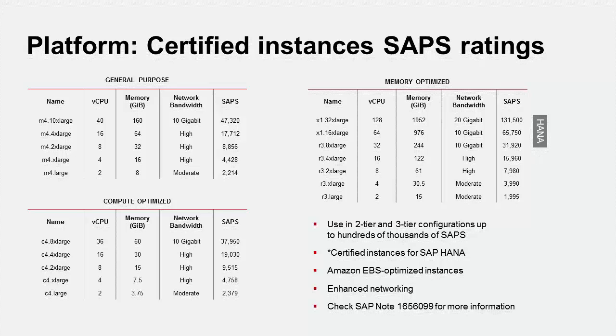We have run the standard SAP sales and distribution benchmark on our instance types, and you can see we have instances ranging from low 2,000 SAPS up to our largest, over 130,000 SAPS. And those 3 instances, starting with the R3 8xlarge and the 2 X1 instances, are all certified for HANA.